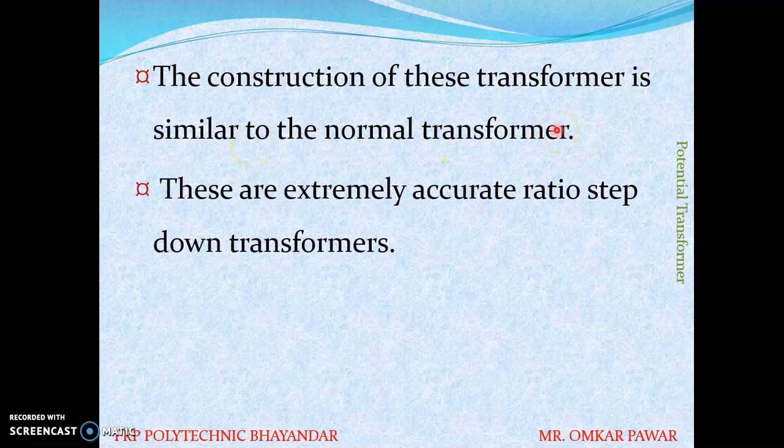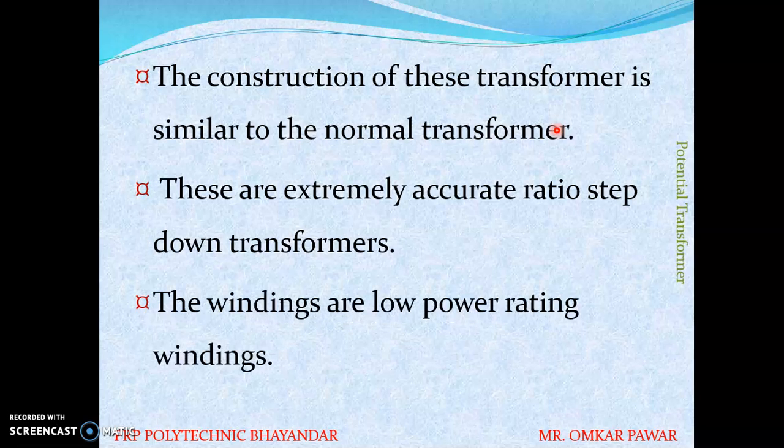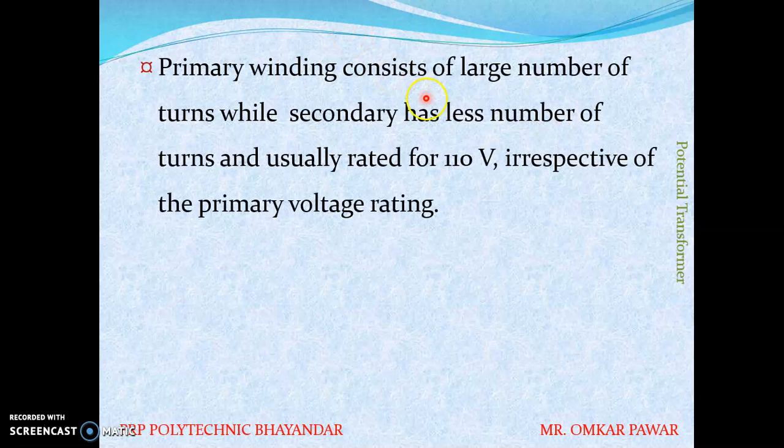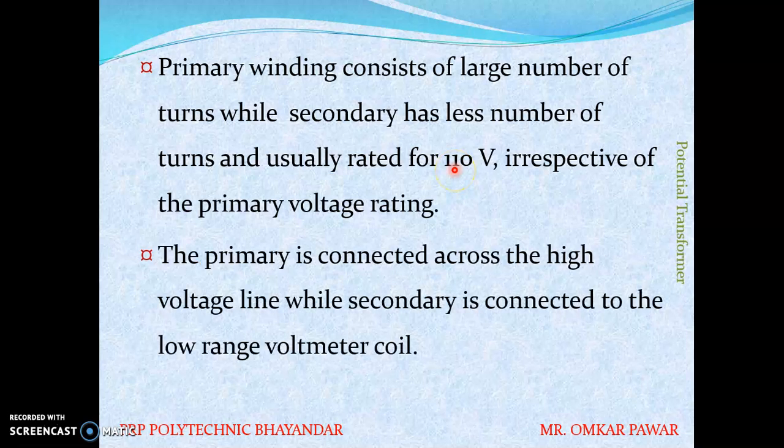These are exactly accurate ratio step down transformers, and the windings are low power rating windings. The primary winding consists of a large number of turns, while the secondary has fewer turns and is usually rated for 110 volt irrespective of the primary voltage rating. The primary is connected across the high voltage line, while the secondary is connected to the low range voltmeter coil.